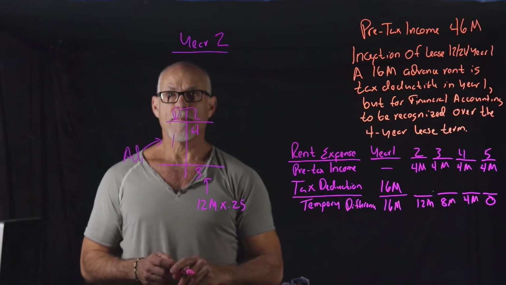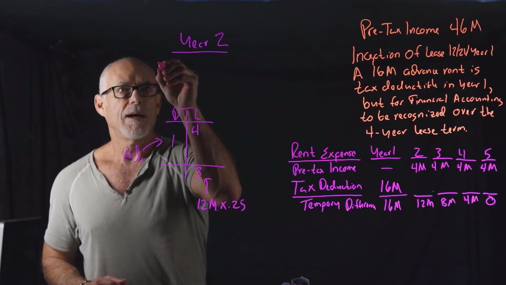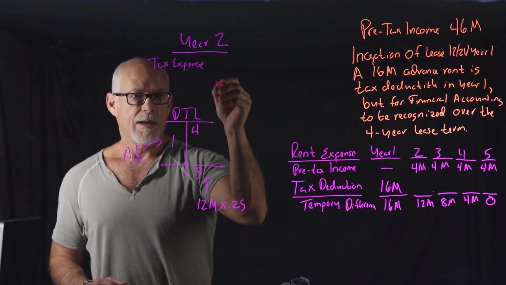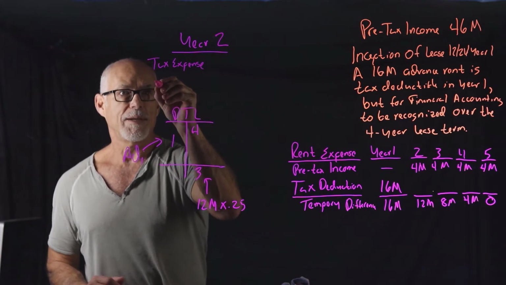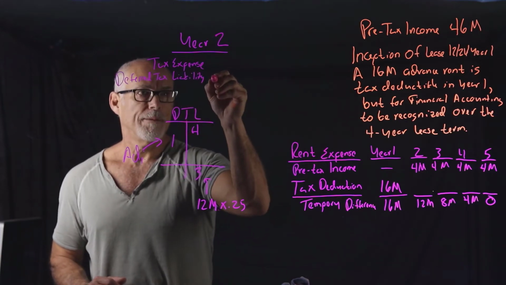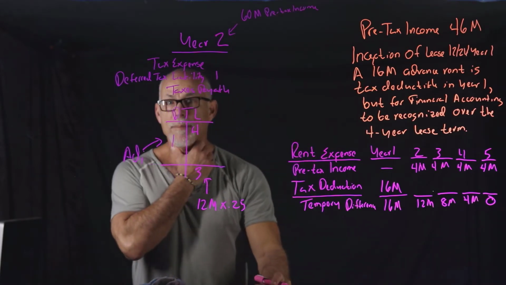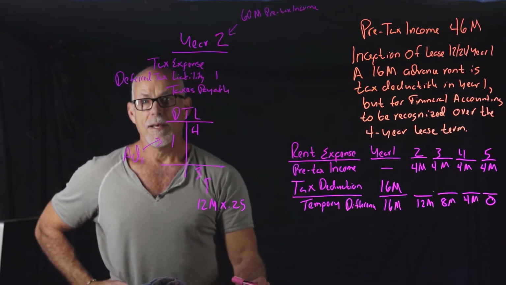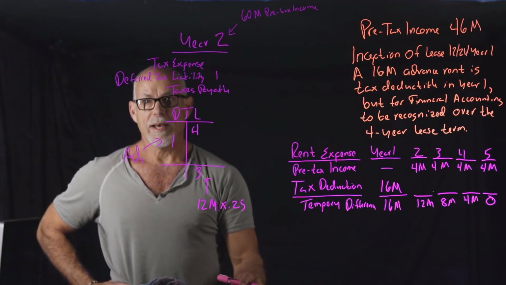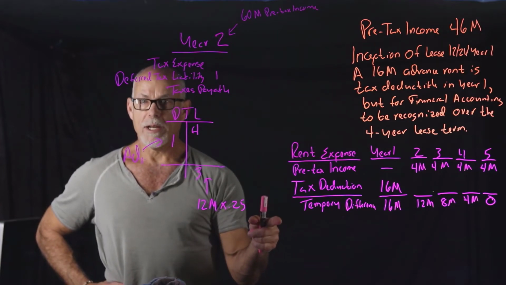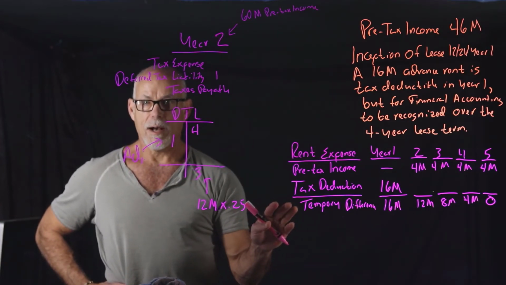And this is my adjustment for 1. And now I can write this journal entry, tax expense, and I don't know that yet. Deferred tax liability is going to be debit side for 1. And then my taxes payable. 60 million was the pre-tax income, but I have to remember now that the difference between book and tax is that under book I'm taking a 4 deduction, under taxes I'm not.